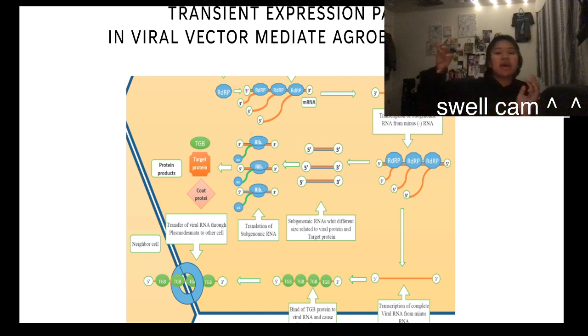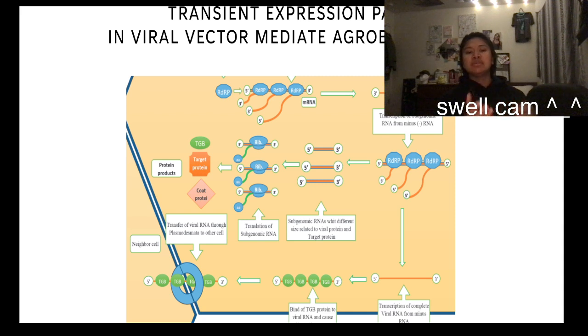And in the second pathway option, your minus RNA will be fully transcribed into a full viral RNA. Then this complete viral RNA will bind to your TGB, which facilitates cell-to-cell movement.